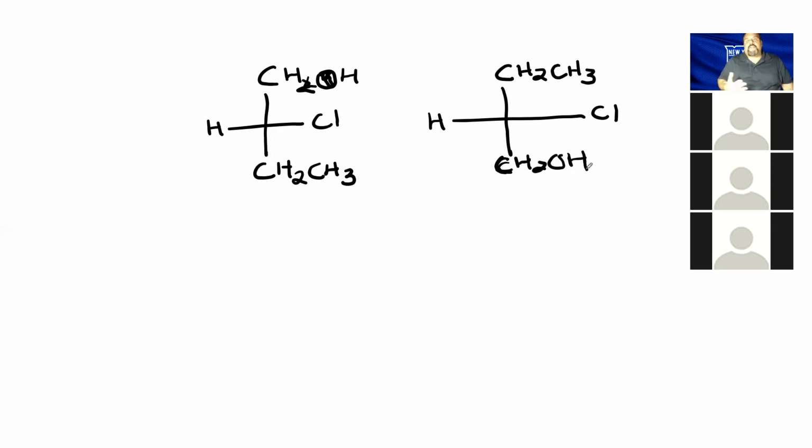And the question was the same. Let's say the question was, what's the relationship between these two structures? Are they enantiomers or are they identical? Again, this carbon in the middle in the left structure is still chiral. So the only way the right structure could be identical to the left structure would be if they were drawn exactly the same. They're not drawn exactly the same.